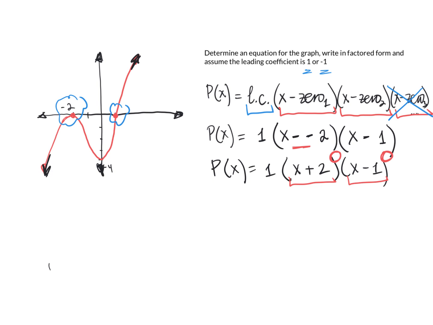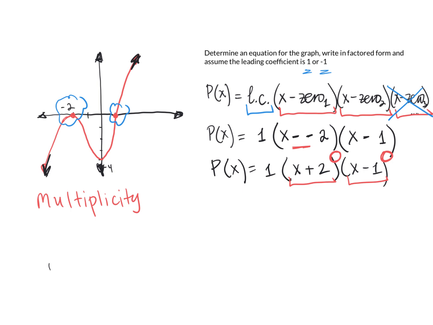So the exponent above x plus 2 will be the multiplicity of the zero -2, and the exponent of x minus 1 will be the multiplicity of the zero x equals 1. The multiplicity is determined by how the graph behaves at each zero.